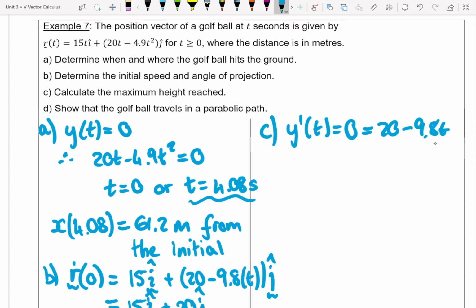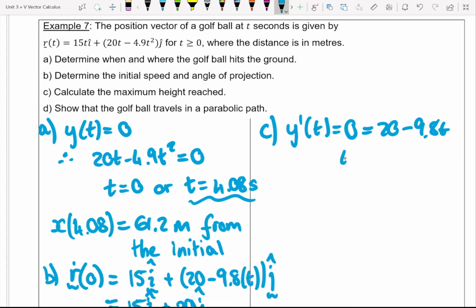Where do we think that 9.8 is coming from? Well, it's probably gravity, right? Because it's a ball going up into the air, and we have the fact that gravity on Earth is 9.8 meters per second squared. So if we've got a velocity, it's being multiplied by that acceleration to each second of time.